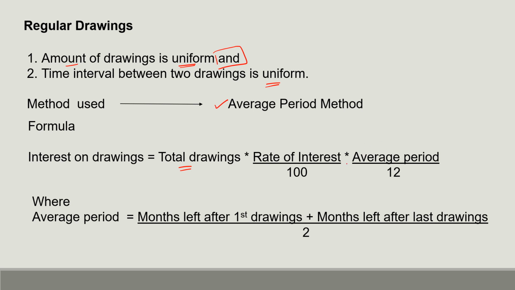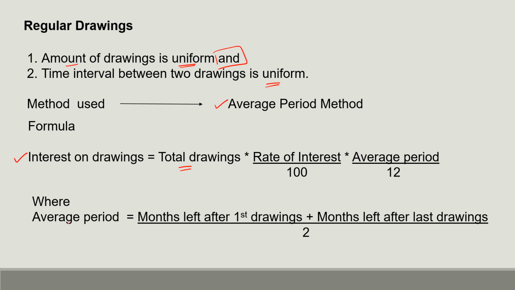This is what we are going to learn today, how to compute that particular average period for which interest on drawings will be charged on the drawings, that is, regular drawings. So please note down this formula. Once you know the average period, you can put it in this formula and get the interest on drawings.